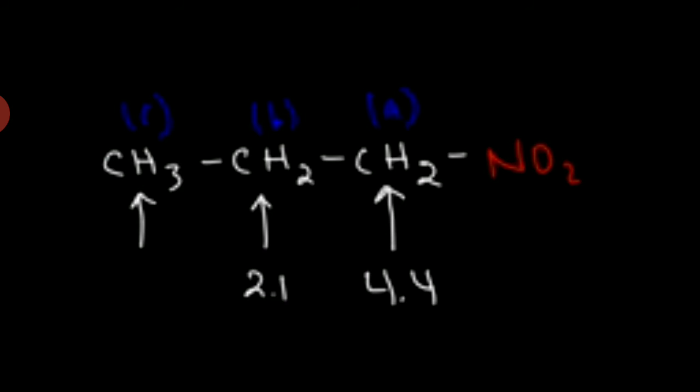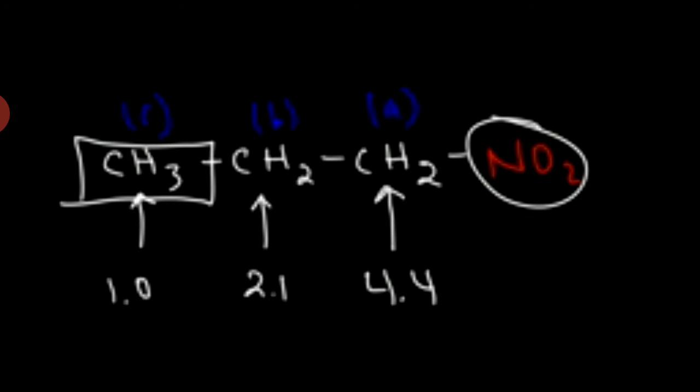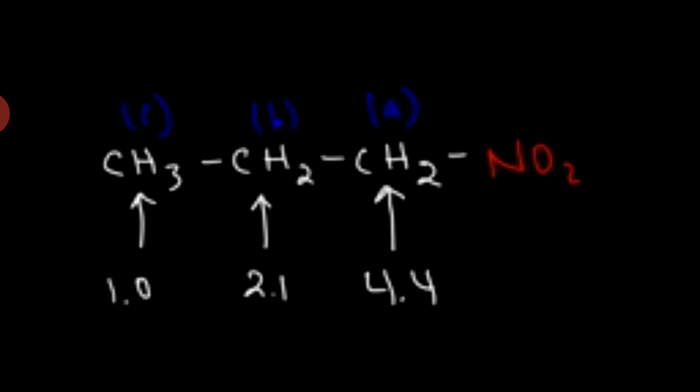So the proton that is directly attached to the nitro group will appear at the more downfield side. So the protons of the CH2 group labeled as A will appear at 4.4, B at 2.1, and the methyl protons at 1.0, because it is far away from the nitro group, that is the electron withdrawing group.